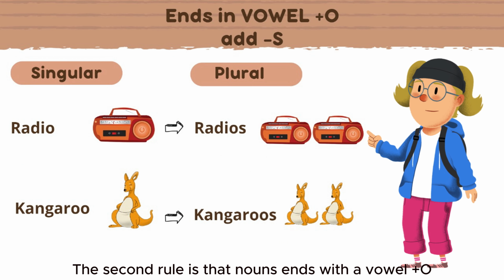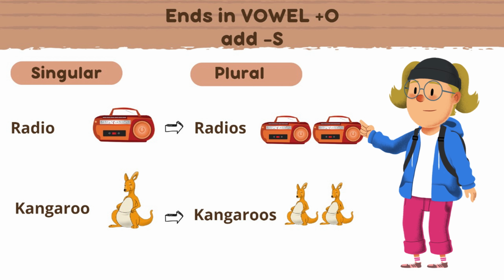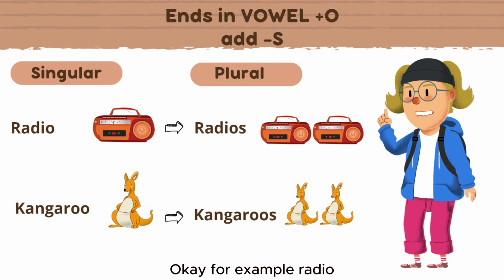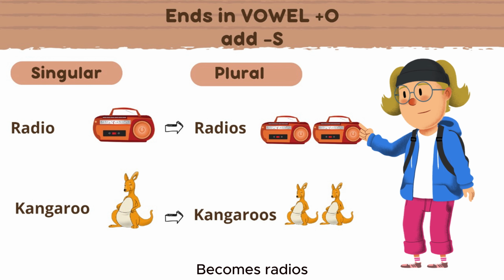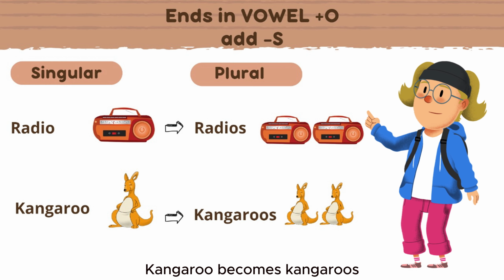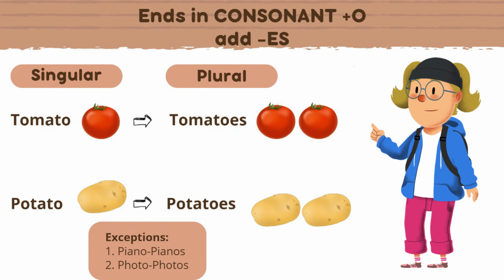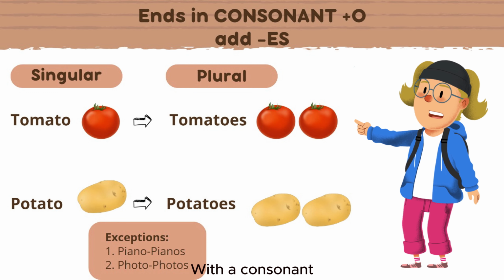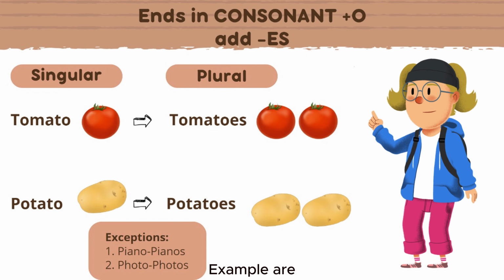The seventh rule is that nouns end with a vowel plus o, then add s. Okay, for example, radio becomes radios. Kangaroo becomes kangaroos. Okay, the eighth rule is that nouns end with a consonant plus o and then add es.